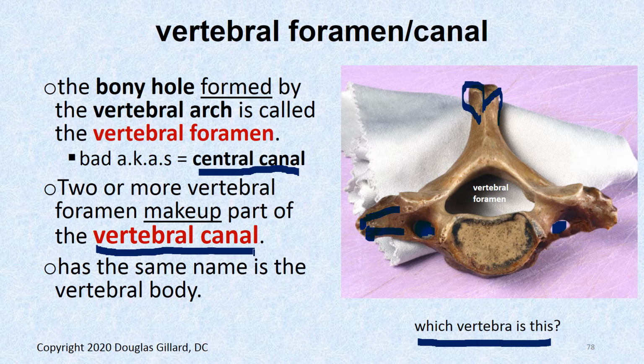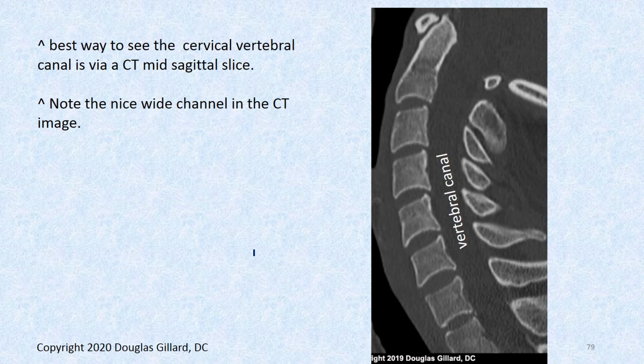Anytime two or more vertebral foramen come together, that makes vertebral canal. If we do a CT scan and take a mid-sagittal slice right through the cervical region, you can see this black region right here, and that is the vertebral canal. That's where the spinal cord lives.